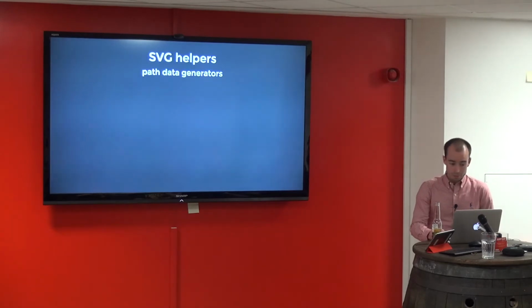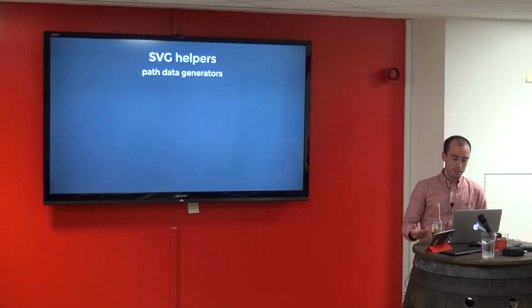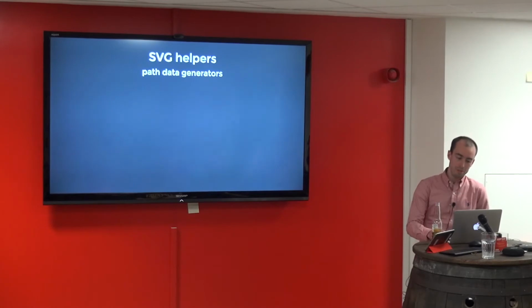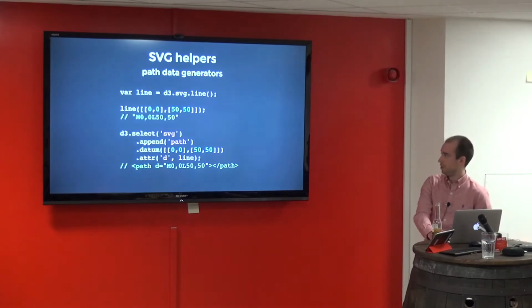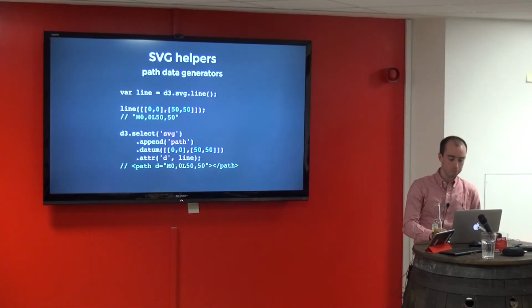You've also got other helpers. As I say, it was predominantly an SVG library, but it can work with any DOM, or different bits can be used universally. But with SVG, a common thing you want to do is generate paths or path data strings. So in this case, I give it a bunch of data, and it spits me out one of these really nice looking strings.